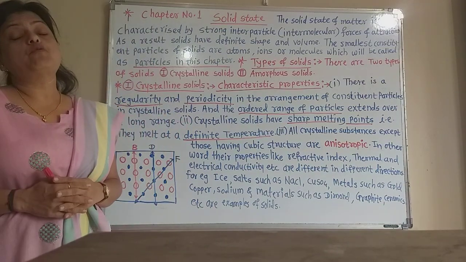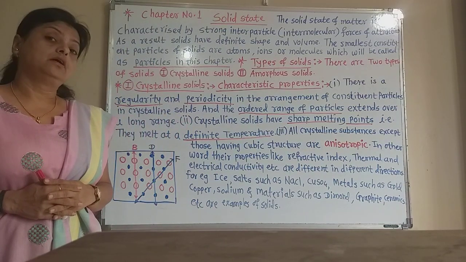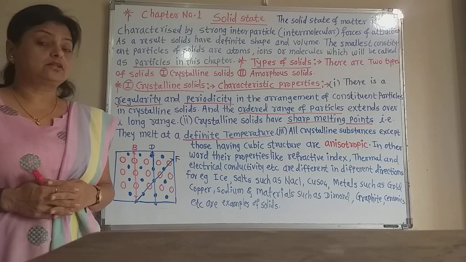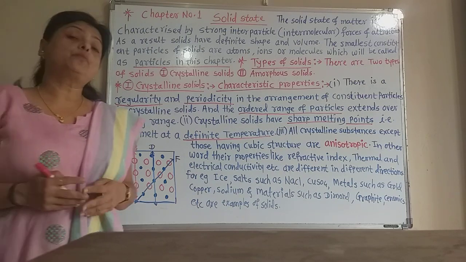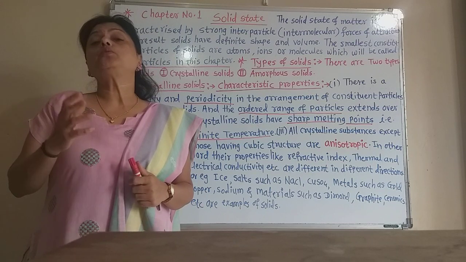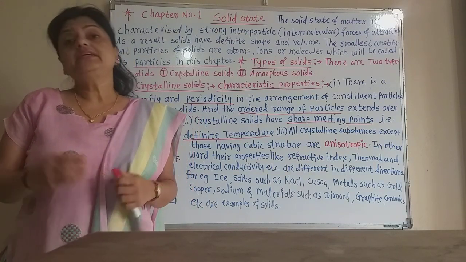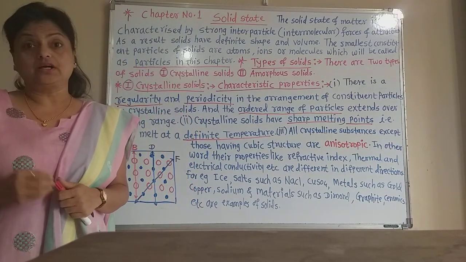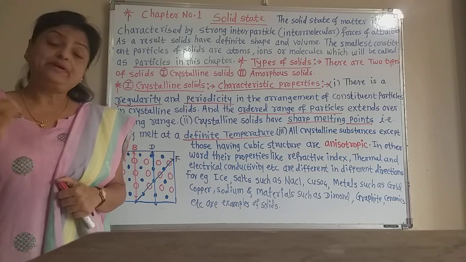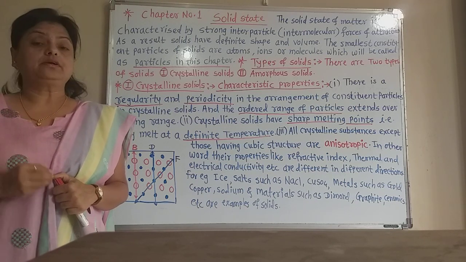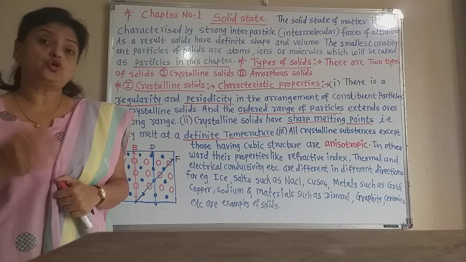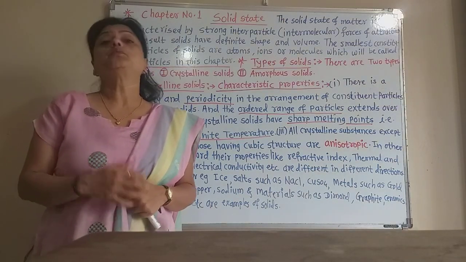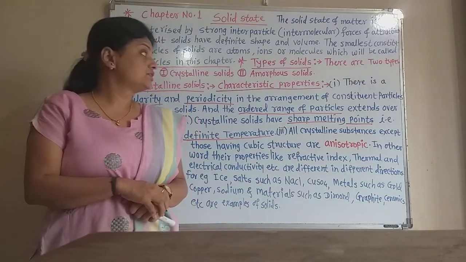Now what is an amorphous solid? How can we say that they are amorphous solids? In an amorphous solid the arrangement of the particles is not in a regular pattern or in a definite arrangement. So glass is the best example of an amorphous solid.